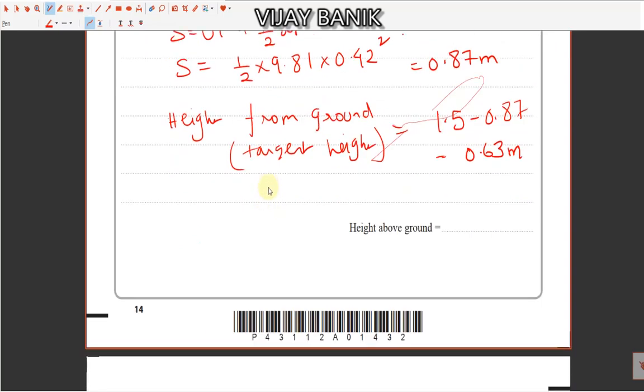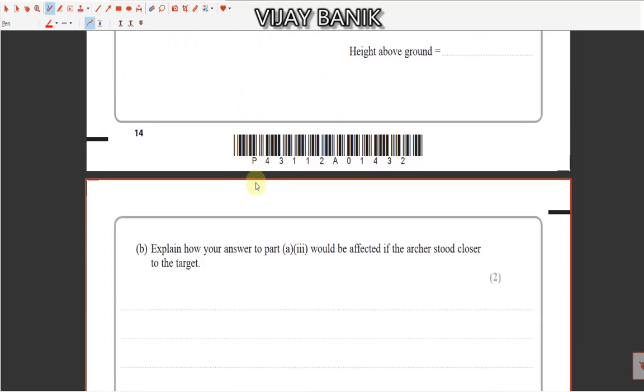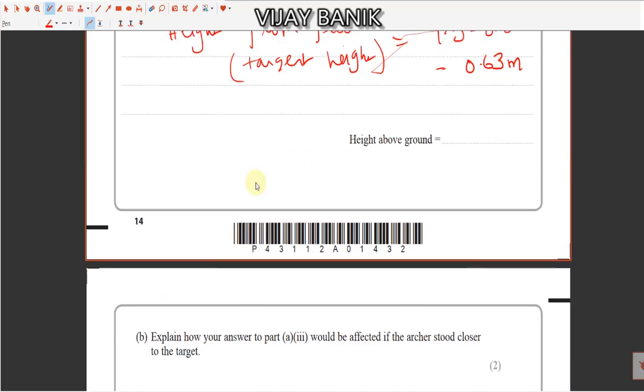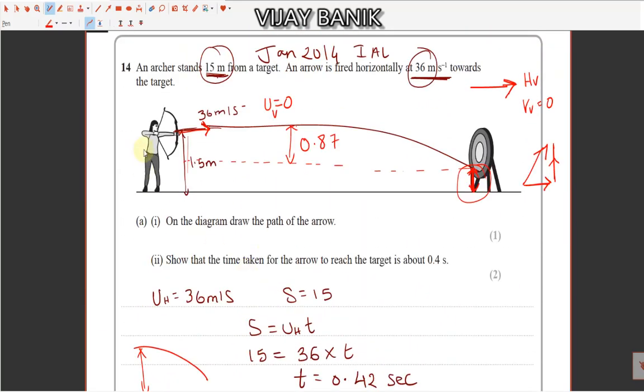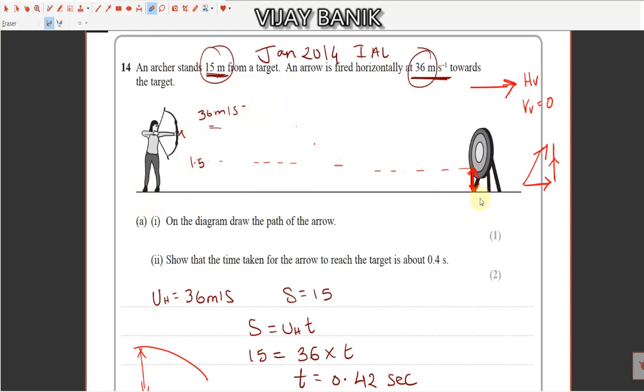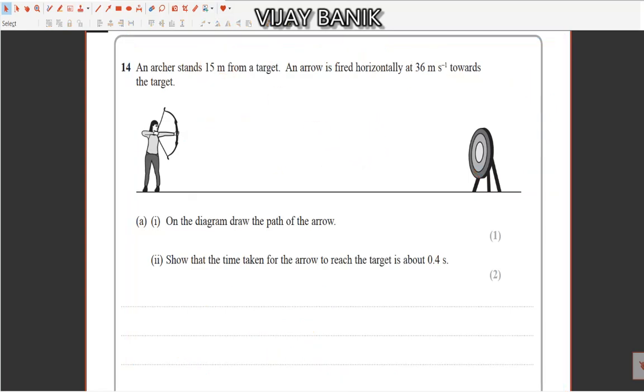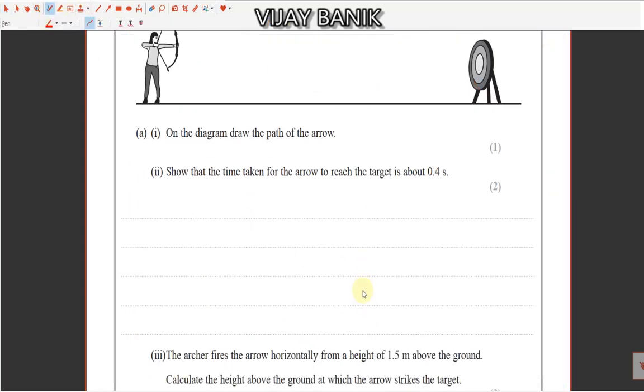The next question asks to explain how your answer to part A3 would be affected if the archer stood closer. If the same archer stood over here, let me rub this out. I'm sorry, the answers are also gone.